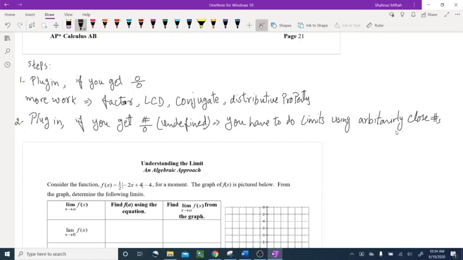And then when you get the arbitrarily close numbers, you plug them in again. You're going to pick arbitrarily close numbers, and those are the ones you're going to plug in again.